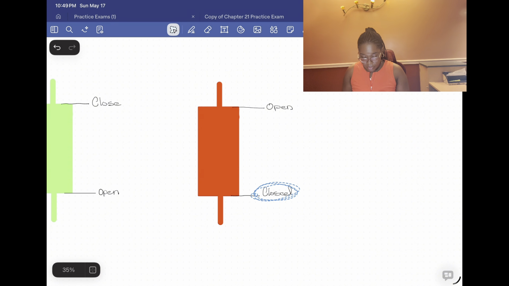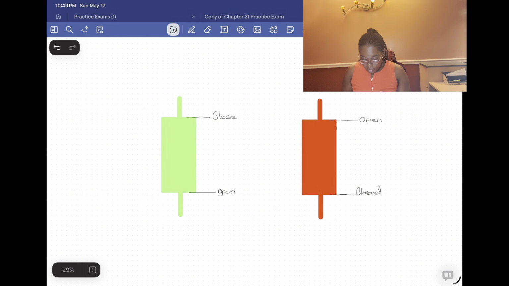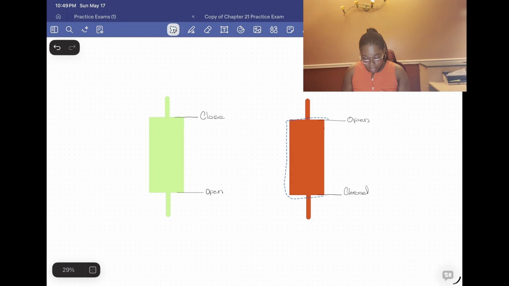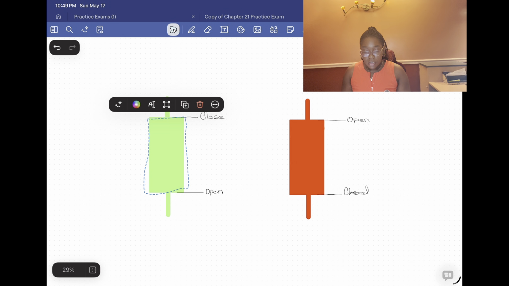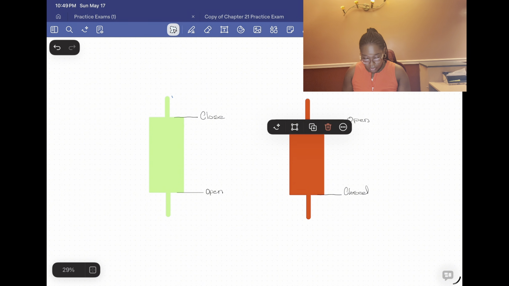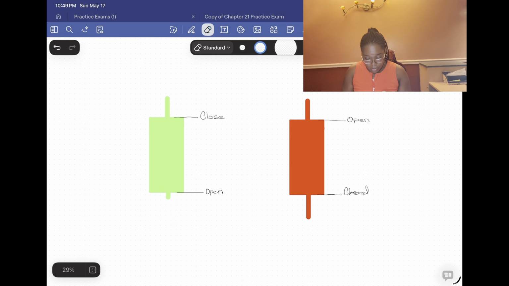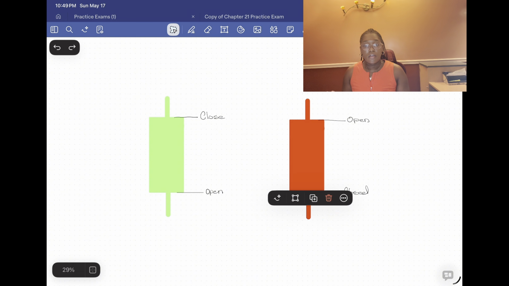Okay, so again, for both of these, this rectangle right here for the red and this rectangle right here for the green, are called the body of the candlestick. And these little points here and here are called the wicks.